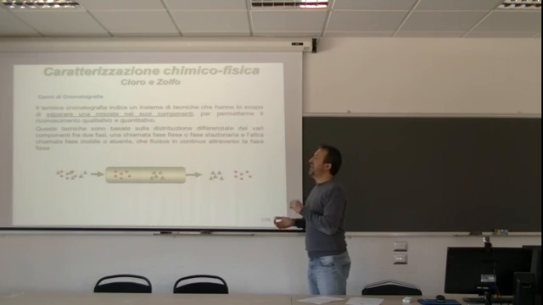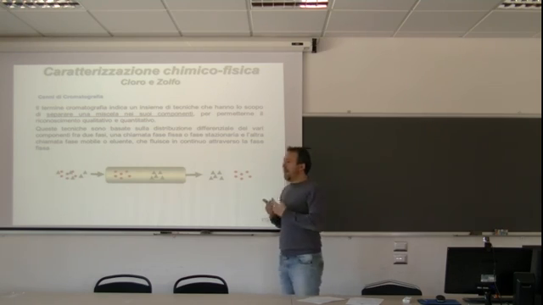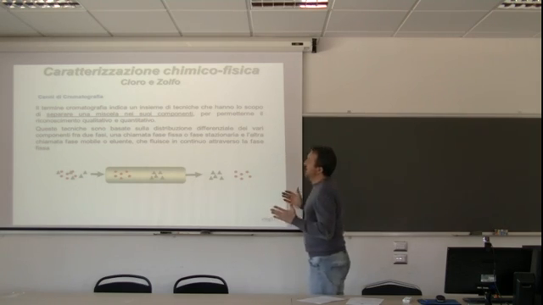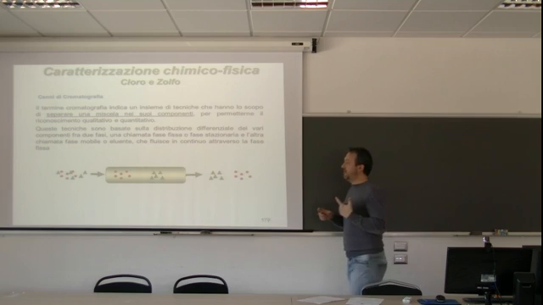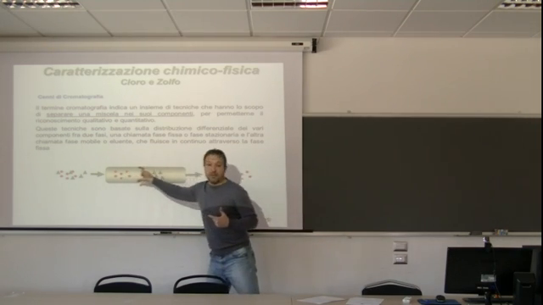But in two words, chromatography is a chemical technique that allows you, if you have a sample to measure, to separate components in function of the affinity they have with the material of the column.